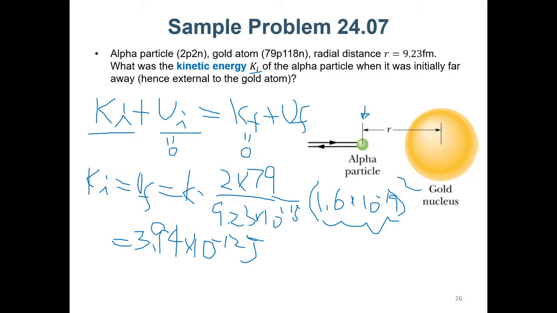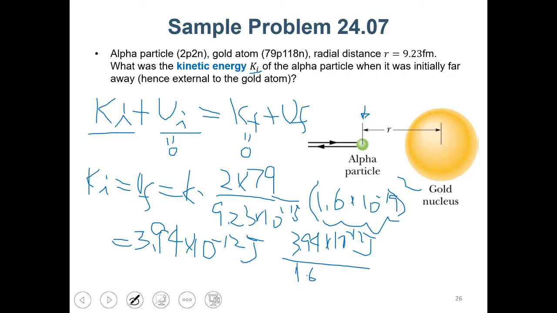And actually, there is another unit for the optics guys. They can divide this energy by 1.6 times 10 to the minus 19, which will be equal to this eV.